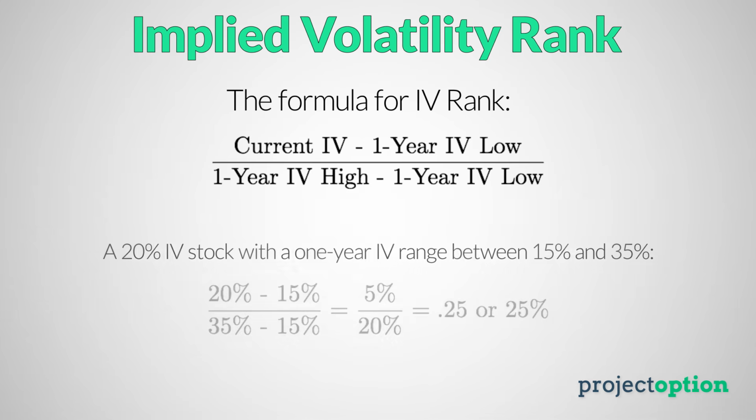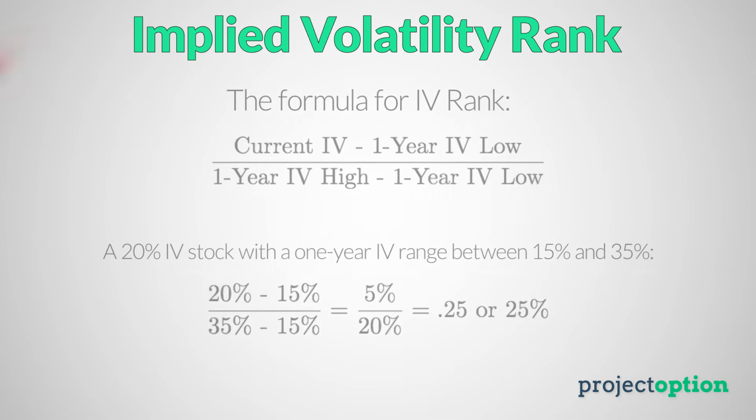For example, the IV rank for a 20% implied volatility stock with a 1-year implied volatility range between 15% and 35% would be 20 minus 15 divided by 35 minus 15, and that gives us 5 over 20, or 0.25, which comes out to an IV rank of 25%.